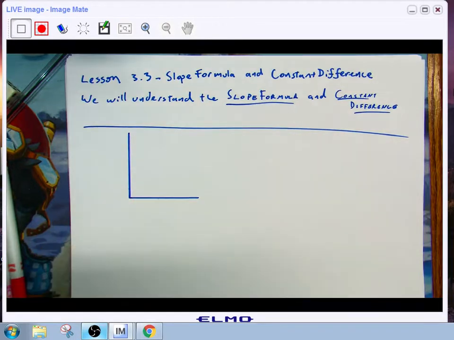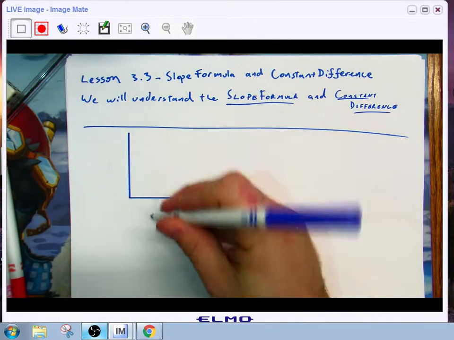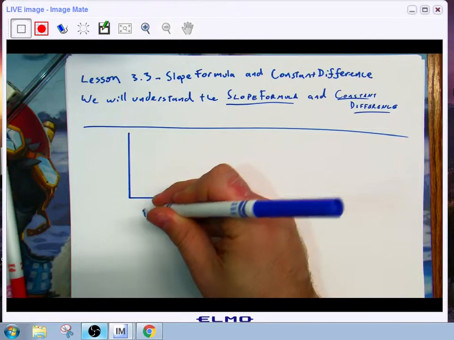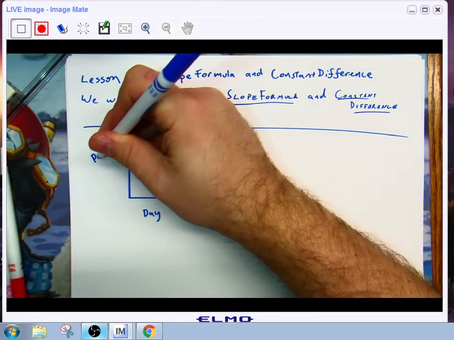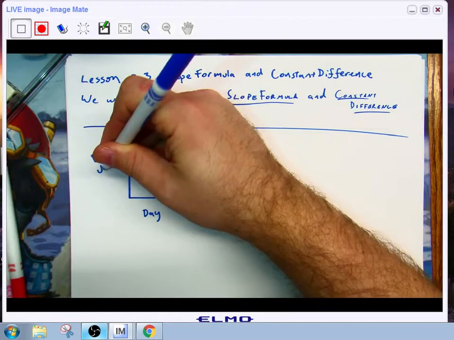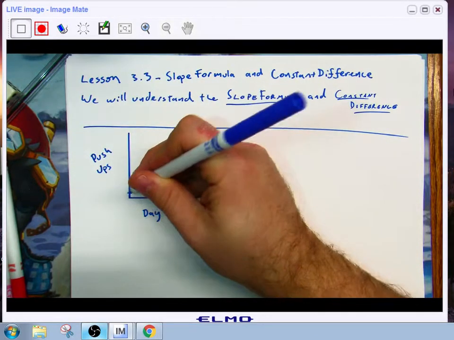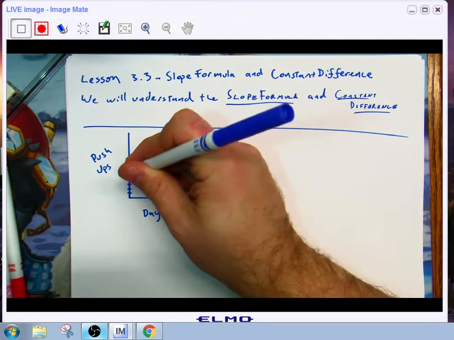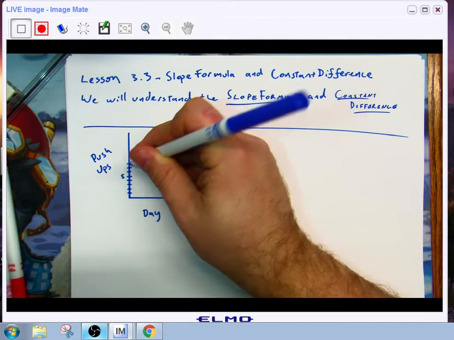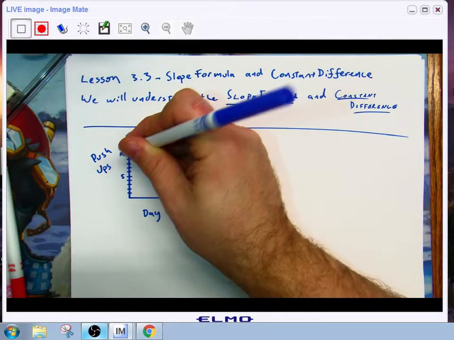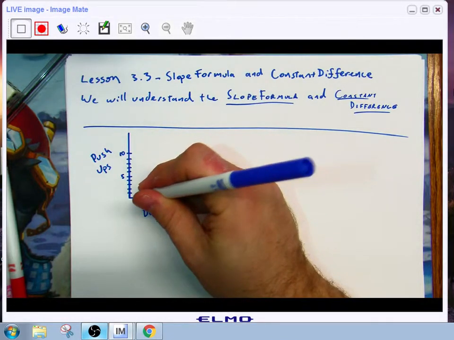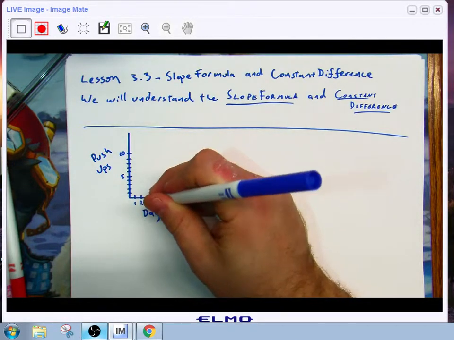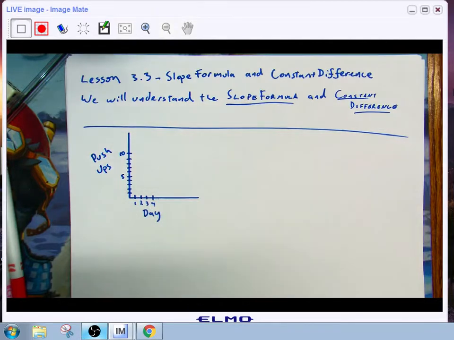This will represent the day. This will represent the number of push-ups he does. So I have 1, 2, 3, 4, 5, 6, 7, 8, 9, 10, and then day 1, day 2, day 3, day 4, etc.